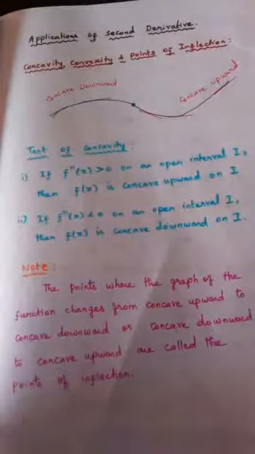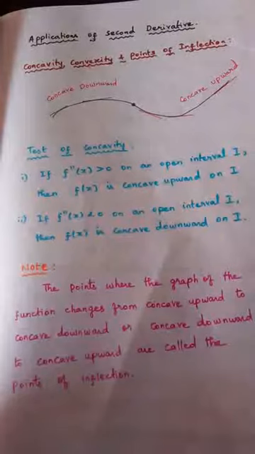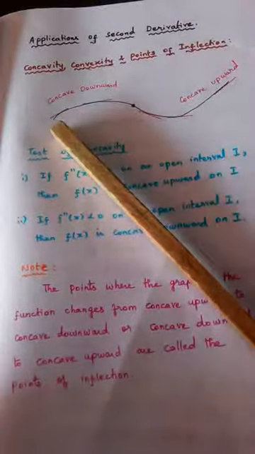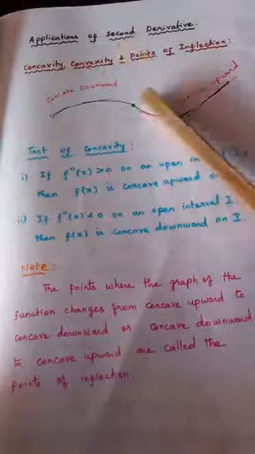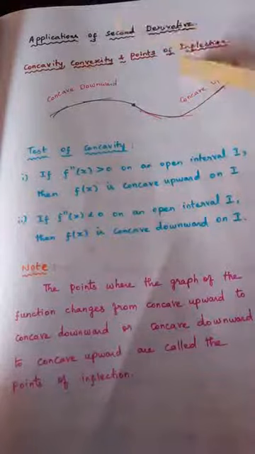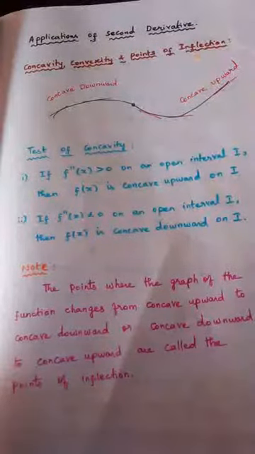What is meant by concavity, convexity? It talks about concave upward and concave downward. If the curve lies below the tangent line, it is called concave downward. If the curve lies above the tangent line, then it is called concave upward.